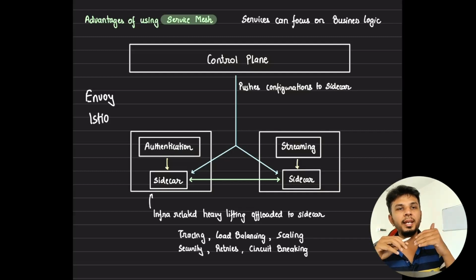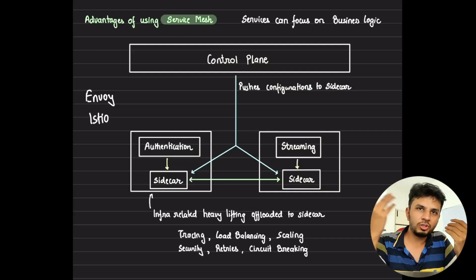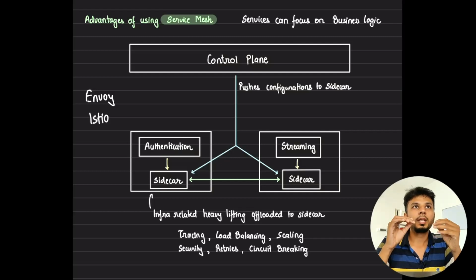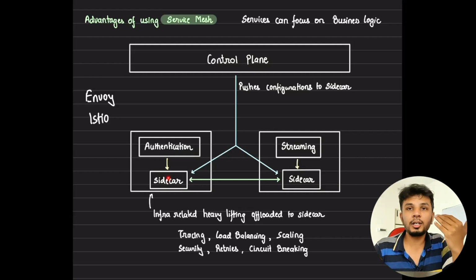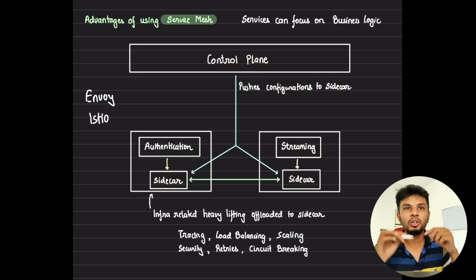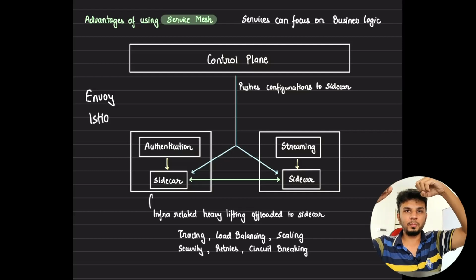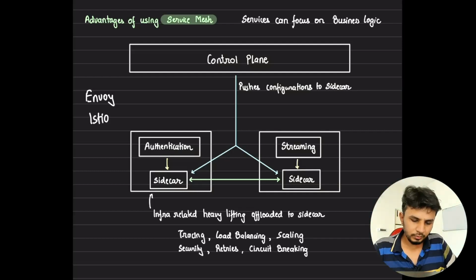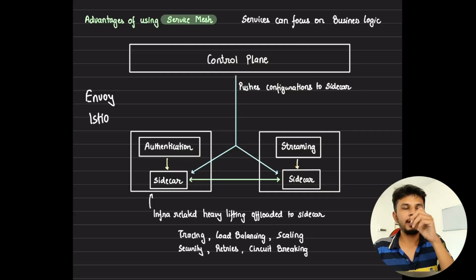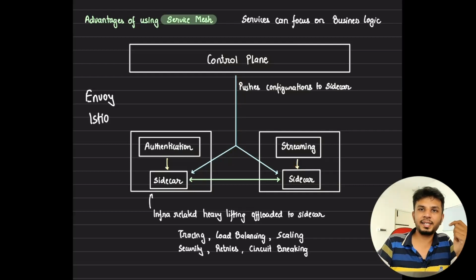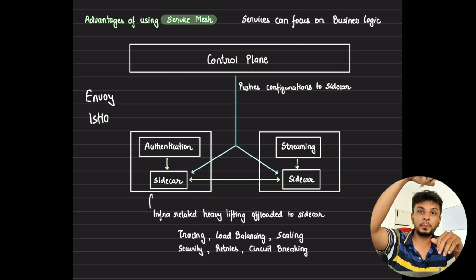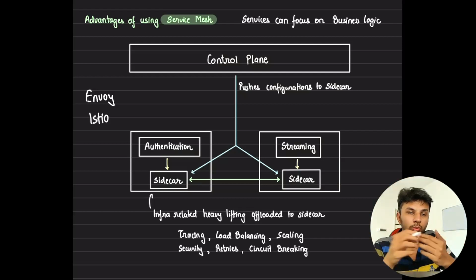Now, let's say the authentication service wants to talk to the streaming service for some reason. How would the sidecar of the authentication service know whom to reach out to? This is where the control plane continuously pushes updates to the sidecars. The control plane's job is that whenever a new service comes up and registers itself, the configuration is stored on the control plane and then sent to all the sidecars out there.